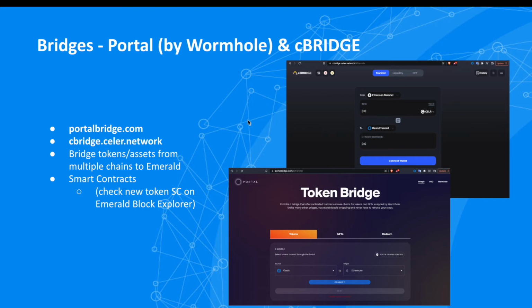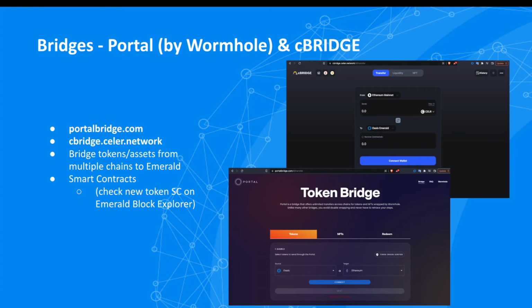These two solutions, let's say bridges, take your assets from another chain, it could be Ethereum, BSC, Avalanche, and so on, and then bridge them to the Emerald network.